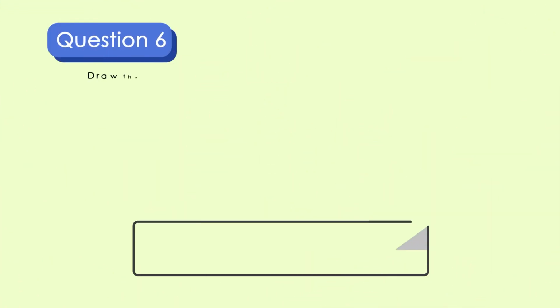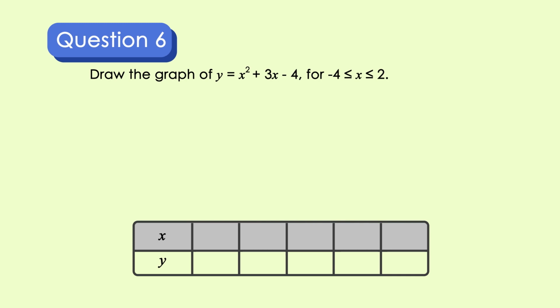Now, let us try this question. It is another simple question just to test your understanding in drawing the graph. Draw the graph of y equals x squared plus 3x minus 4 for the values of x in between negative 4 and 2. Come, let us do this first.